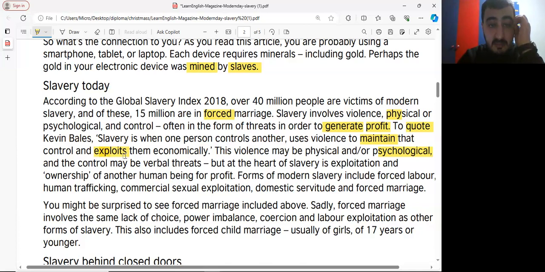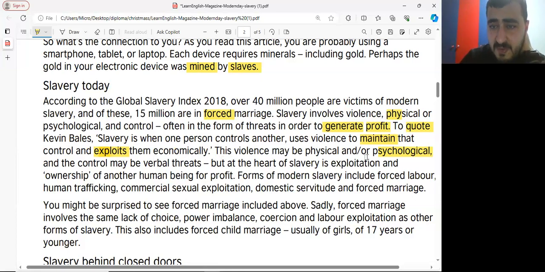وليش حط اس؟ لأنه بيحكي عن one person control. بيحكي عن one person exploits them economically، بصورة صفة، exploit adverb.